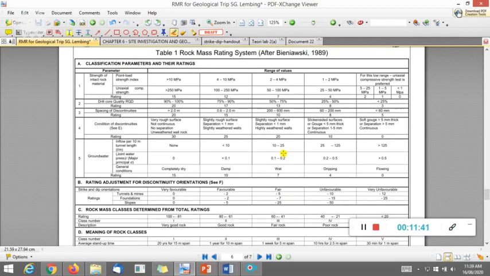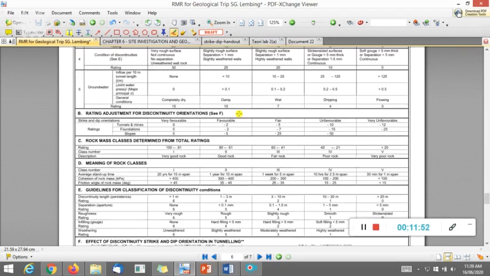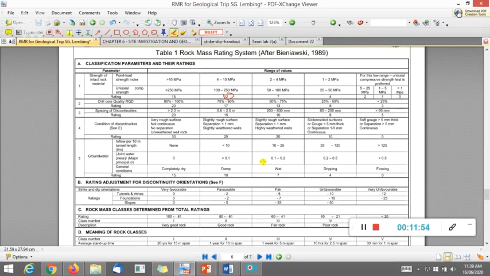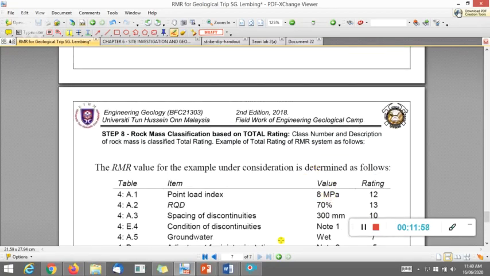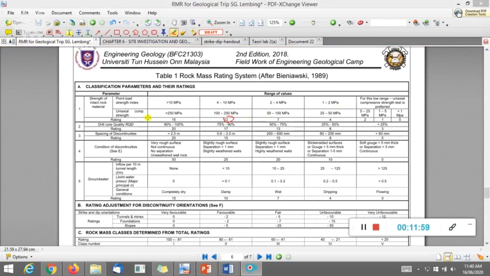Here, the rating is 12, because your point load strength test is 8 MPa. Let's say you got UCS of 50 MPa, then your rating will be 7.